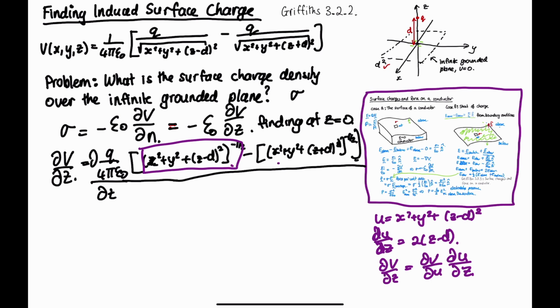In this case there are two parts of this function v, which I'm going to have to apply this chain rule to. But this basically explains where this factor comes from in my differentiation.